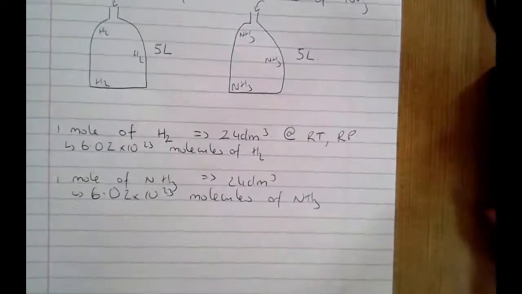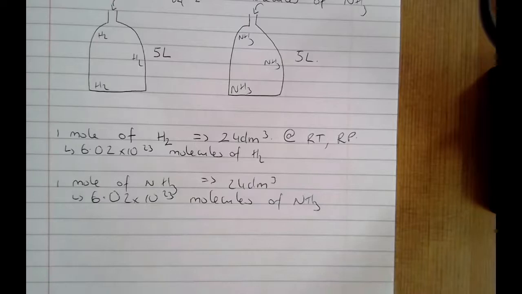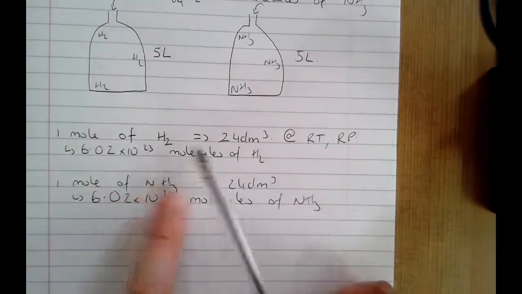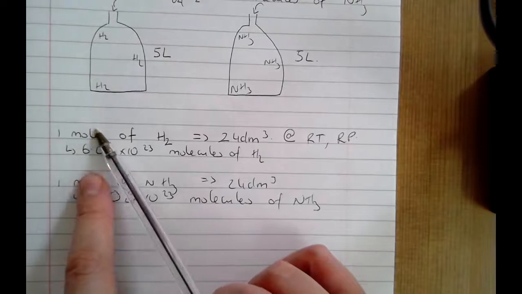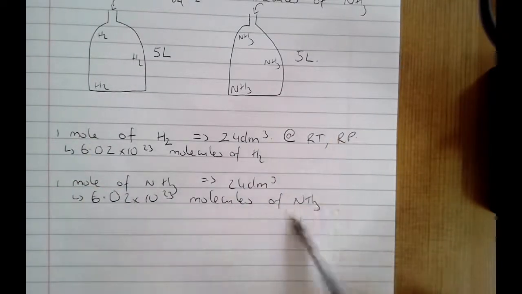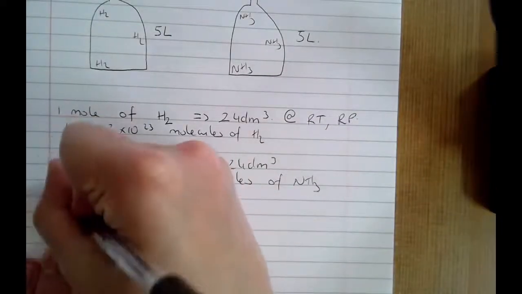So even though ammonia is a larger molecule and you might expect that it would take up more space than H2, it doesn't. It takes up the same amount of space. If you've got an equal number of molecules, if you've got 1 mole of both of them, they will occupy the same space, even though NH3 is bigger. And that's true of even larger gases.